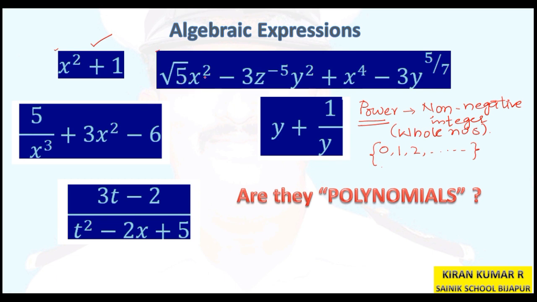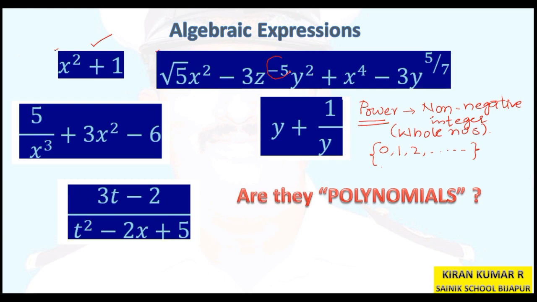Look at the second example. Root 5 x square minus 3 z to the power minus 5 y square plus x to the power 4 minus 3 y to the power 5 by 7. Observe it carefully. In this particular example, we have got 3 variables x, y and z. Now we have to see the power of these variables. Look at the second term.